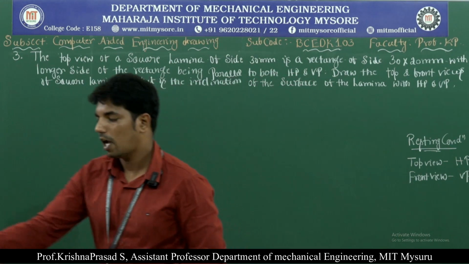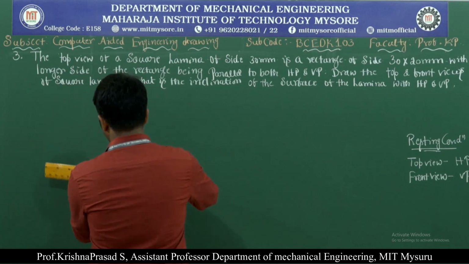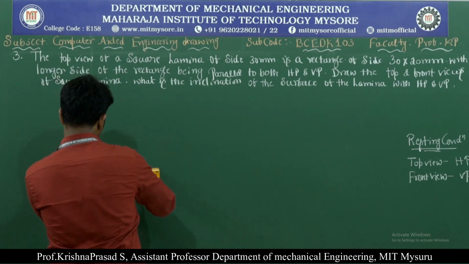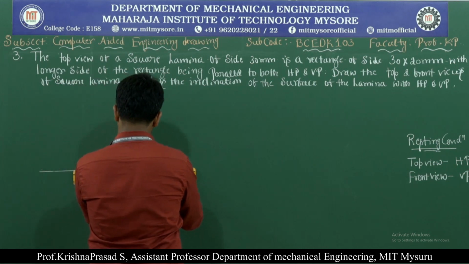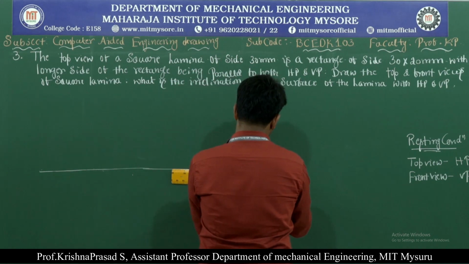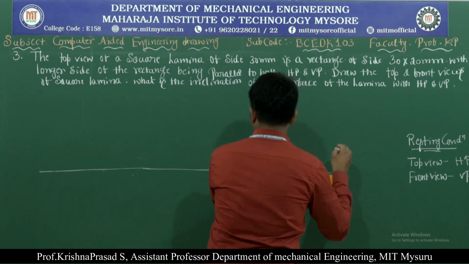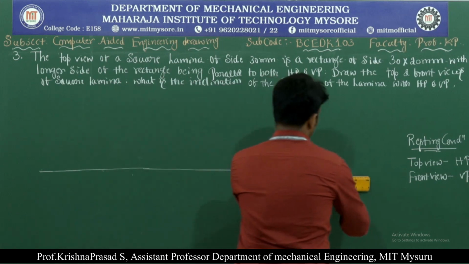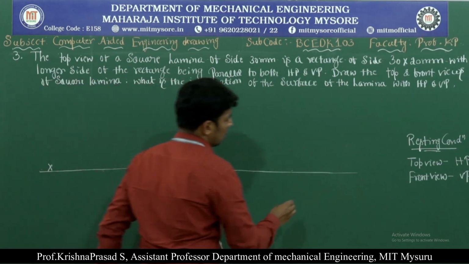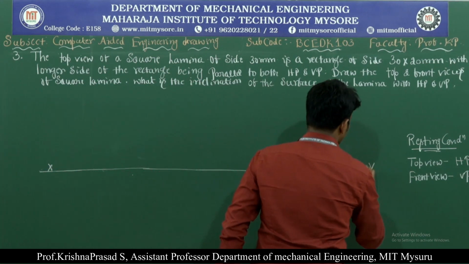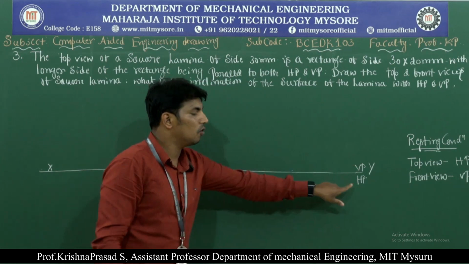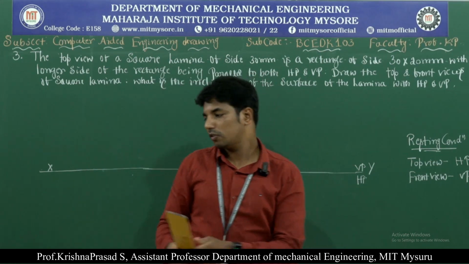Okay, so now I am drawing the XY line. The plane above the XY line is called the vertical plane, and the plane below the XY line is called the horizontal plane.